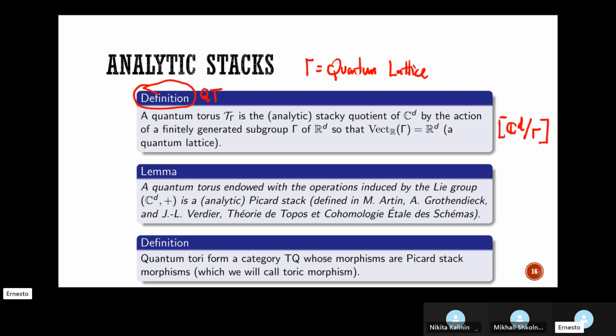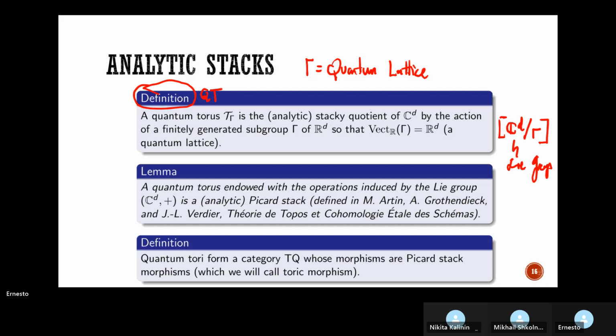And a lemma is that a quantum torus endowed with the operations induced by this, is, after all, a Lie group, C^D. So it's kind of a Lie group, but it's a stacky version of a Lie group, and it's abelian, and this is called an analytic Picard stack.